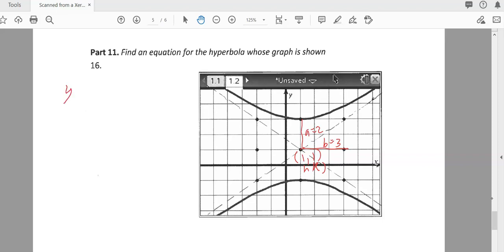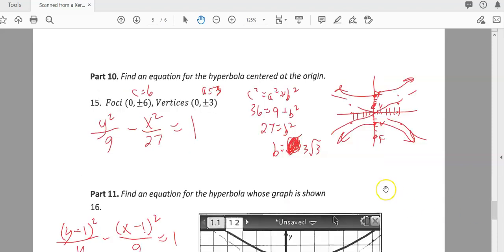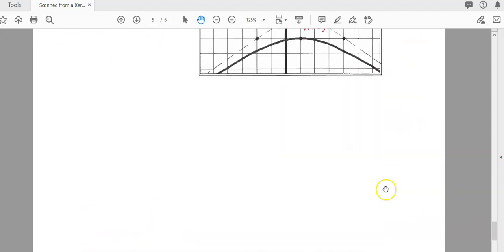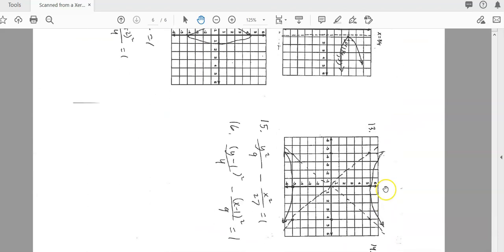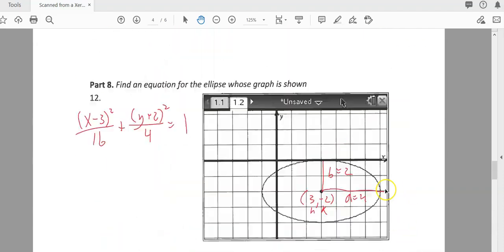So y minus 1 squared over a squared, which is 4, minus x minus 1 squared over b squared, which is 9, equals 1. There's the answers. And that's it.